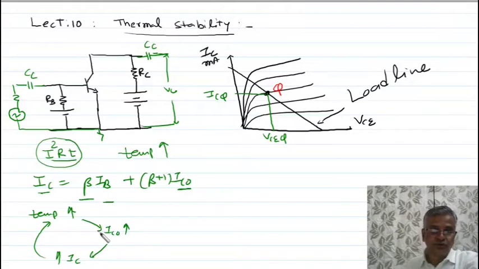You do not want to allow thermal runaway for this circuit. So to avoid thermal runaway, certain modification is required in the circuit. As a result, base current is controlled automatically, keeping collector current constant against the variation of temperature. This modification is called biasing of the transistor.